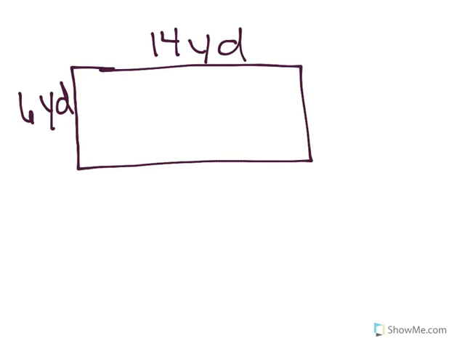Well, gee, how would I find these two? They're not labeled. I wanted to show you this because a lot of times you'll be given a shape that only has the two sides labeled, and I wanted to expose you to that.